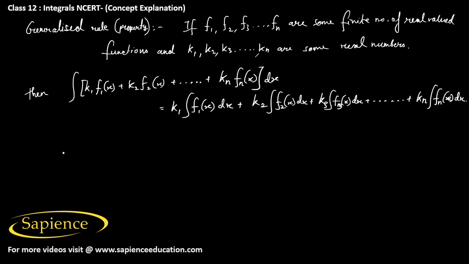So then we can explain it by using some examples. Suppose it is asked to integrate the function x power 3 by 2 plus 2 e power x minus 1 by x dx.